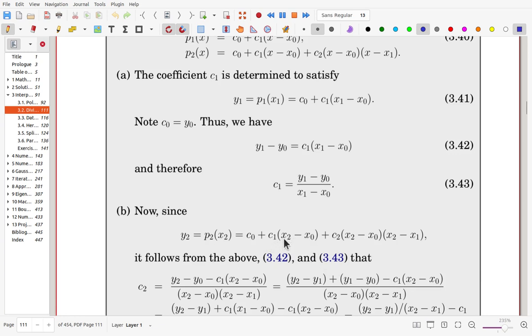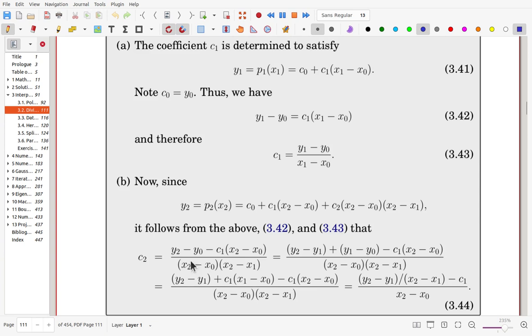We move this to the left hand side and divide by this product, so we reach this term. Now y2 minus y0 is the same as y2 minus y1 plus y1 minus y0. Now y1 minus y0 is c1 times x1 minus x0.